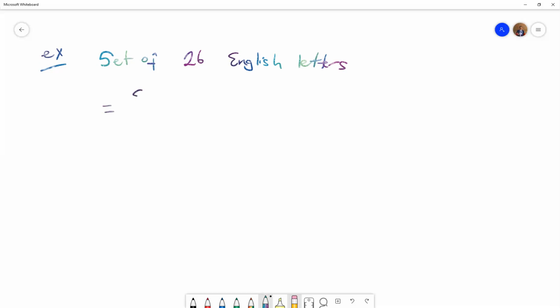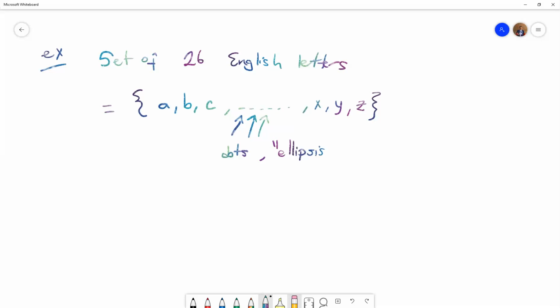So you see, it's starting with A, B, C, and these are dots, and X, Y, Z. These are called dots or ellipses.